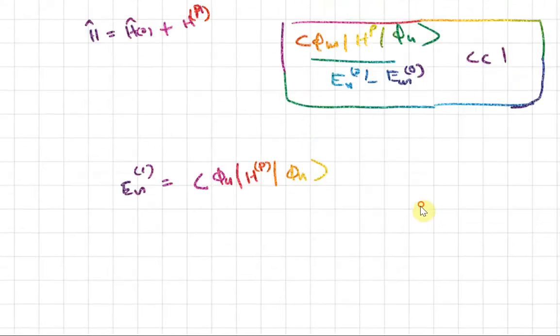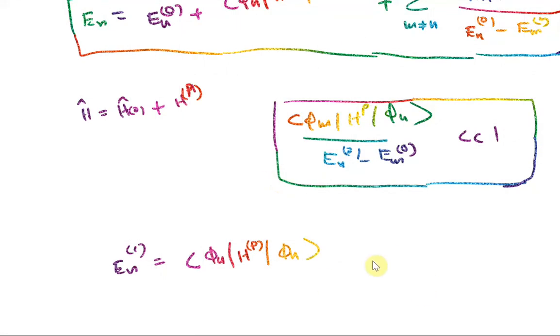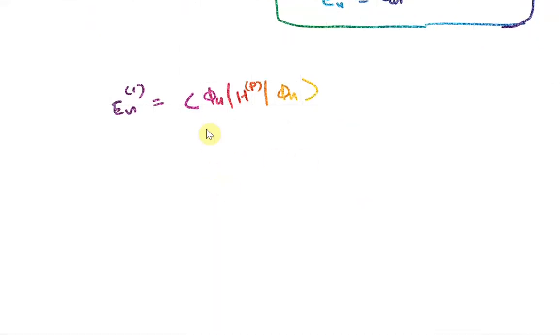And the first order correction in the wave function you also need to know. Keep those things in mind. That will complete our non-degenerate perturbation theory, and we will solve a few problems using this analysis. So that's it.